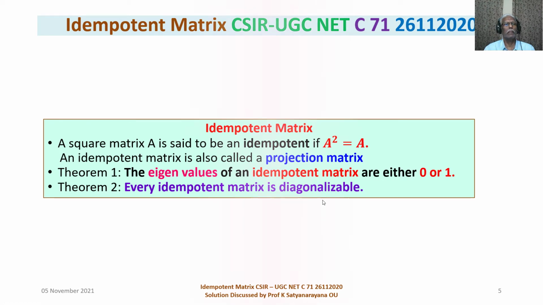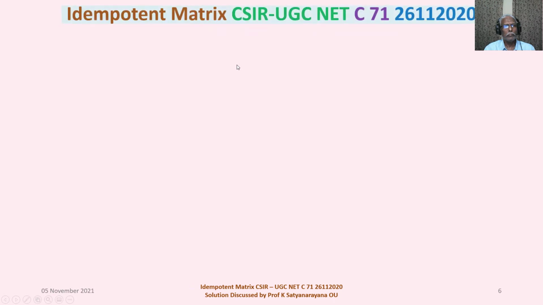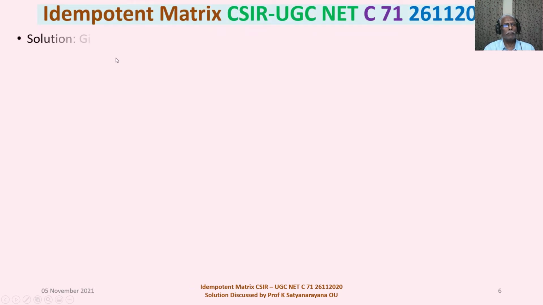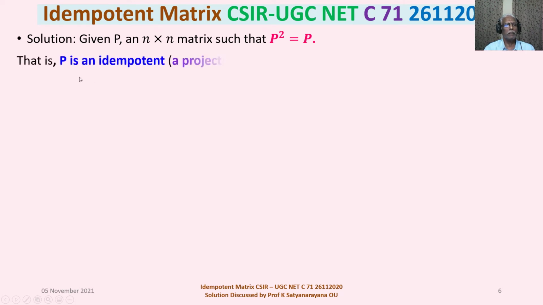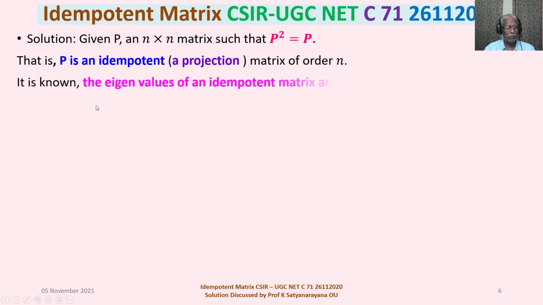Let's get into the discussion of the solution of the problem. We have P, an n by n matrix such that P square is equal to P. That is, P is an idempotent or a projection matrix of order n. It is known the eigenvalues of an idempotent matrix are either 0 or 1.